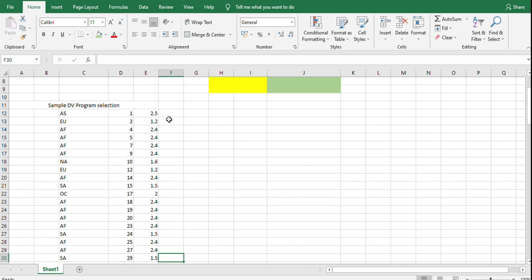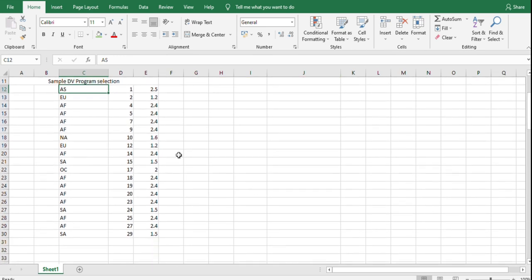Now they will take the total number of selectees per region and multiply by that probability, that ratio of the possibility of having a derivative, and then get the total. For example, for Asia region, AS, how many entries do we have? We just have one selectee in our case.